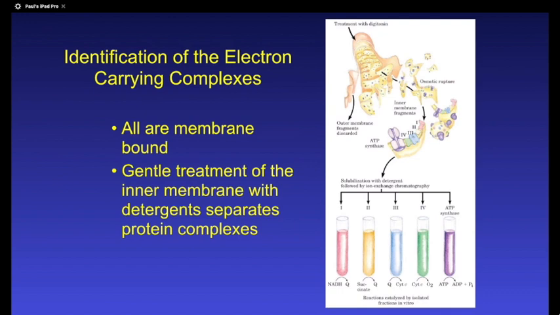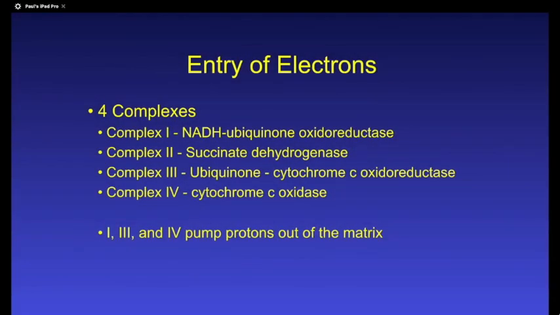Now, depending upon what textbook you're going to use, they will always use complex 1, 2, 3, and 4 as this description of what's happening in these proteins. But what you're going to find is the name of these complexes will be very different amongst different textbooks, sometimes between different standardized tests, sometimes even in the literature.